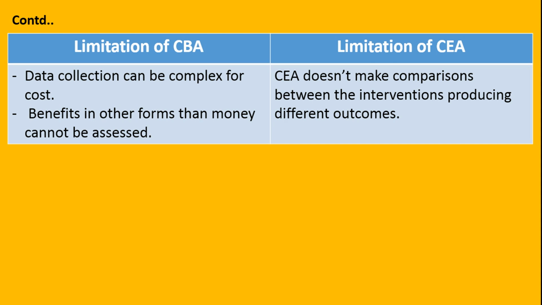Cost effective analysis doesn't make comparisons between the interventions producing different outcomes. It only focuses on the selected interventions. It never compares the different outcomes of different interventions. This is the limitation of cost effective analysis.